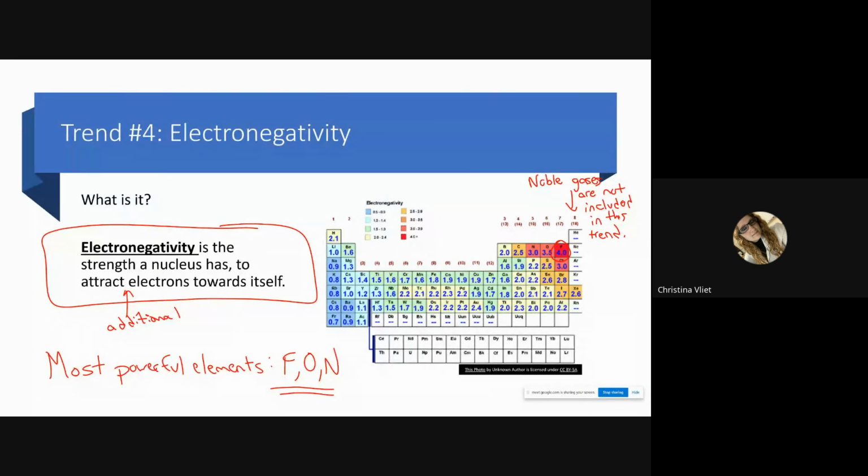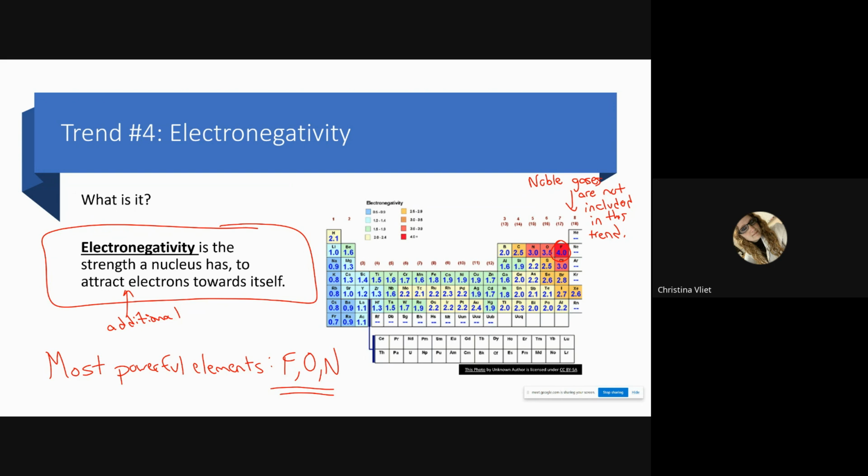So if the idea of electronegativity, the definition is that it's the strength the nucleus has to attract additional electrons, do noble gases want additional electrons? If a noble gas gains an additional electron, it becomes like these elements and it becomes less stable. It loses stability. And so no, noble gases do not want to gain additional electrons. They want to stay just where they're at. That's why they're chemically unreactive, actually.